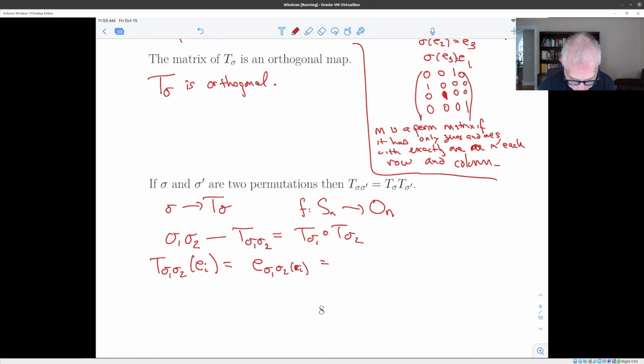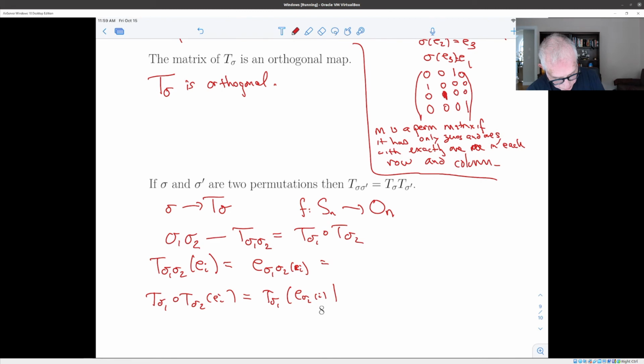And if we do T sigma 1 composed with T sigma 2 of E_i, this would be T sigma 1 of E of sigma 2 of i, which by definition is E of sigma 1 of sigma 2 of i, which is E of sigma 1 sigma 2 of i. So that's very formal. You can ponder that if you like, or you can just check with a few permutations and see that this works out.